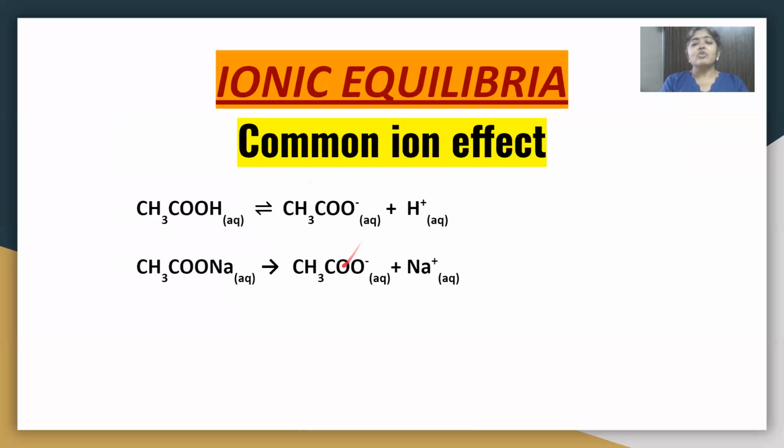Now, whenever there is an excess of acetate ions, what will happen? The equilibrium will get shifted in the opposite direction so as to minimize the stress that is built up. So what is the stress here? The stress is the increase in the number of acetate ions. When the salt ionizes, more acetate ions have formed.